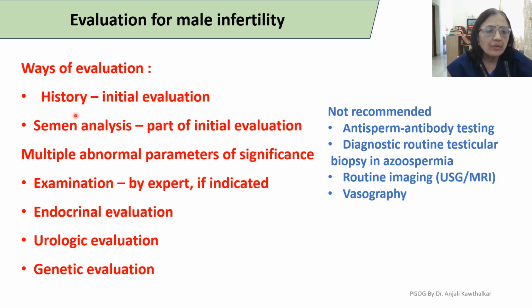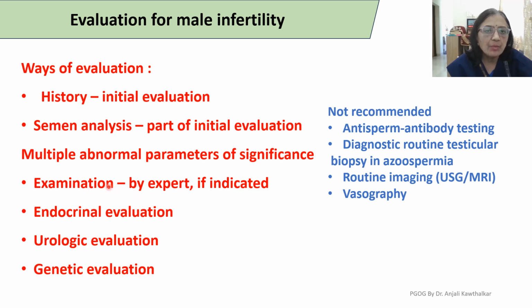Here, after history, we have to go for semen analysis as part of the initial evaluation. If semen analysis shows abnormal parameters, and more than one parameter is abnormal, since multiple abnormal parameters are of greater significance as compared to a single abnormal parameter, then we go for examination by an expert.